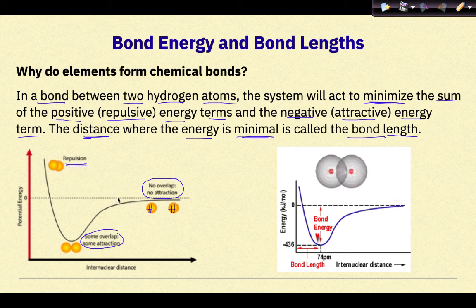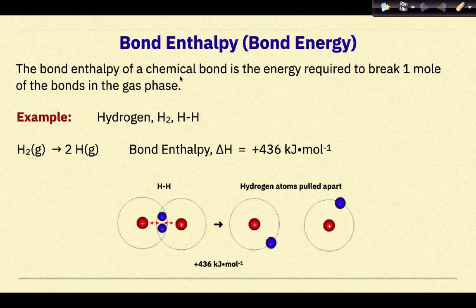Later on, in the next video, we will explore these models in more detail and talk about the bond length, which we can see outlined right here, and the bond energy, as we can see in this section of this model. The bond enthalpy of a chemical bond is the energy required to break 1 mole of the bonds in the gas phase. So for example, diatomic hydrogen in the gaseous phase is broken into 2 hydrogen atoms.